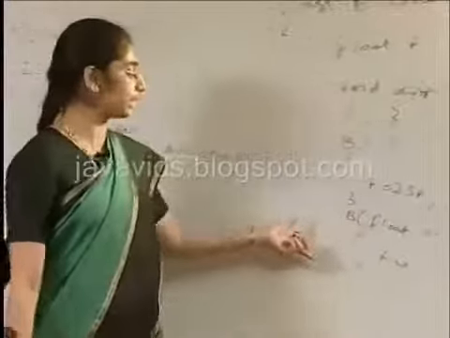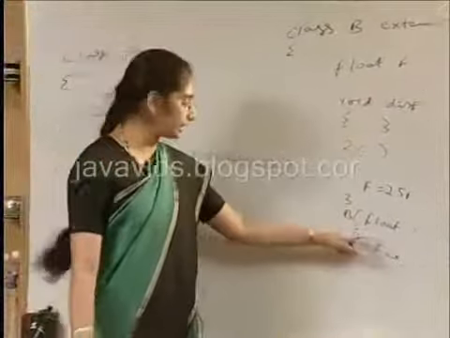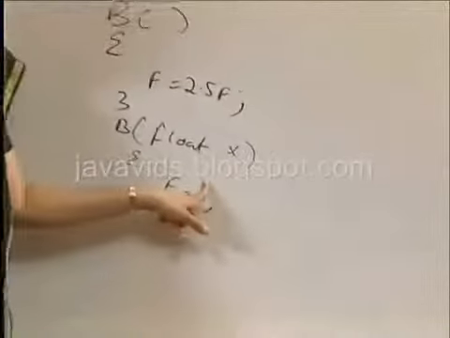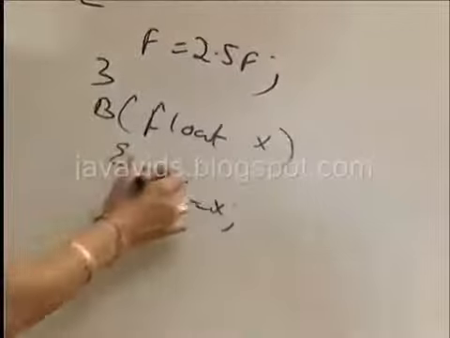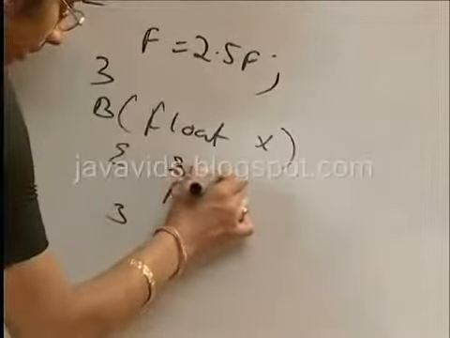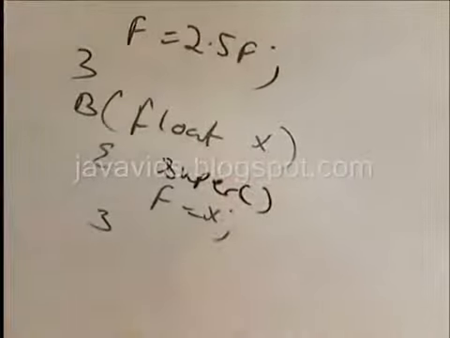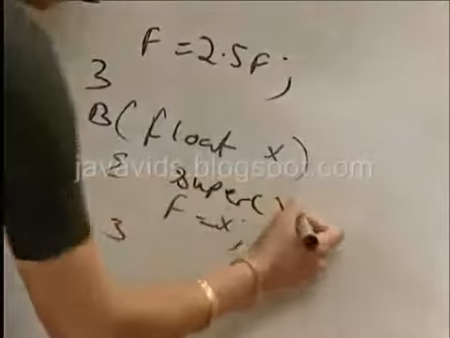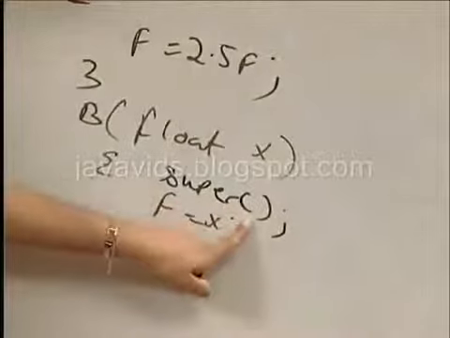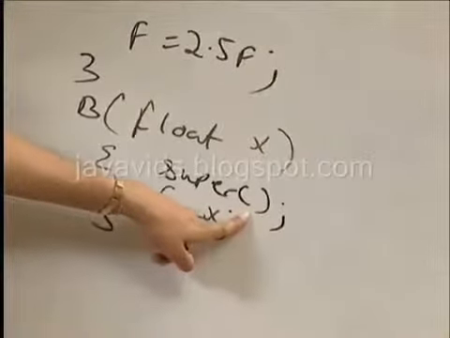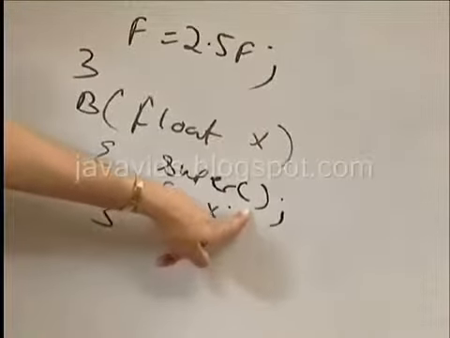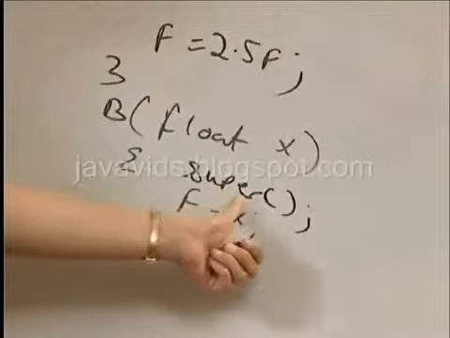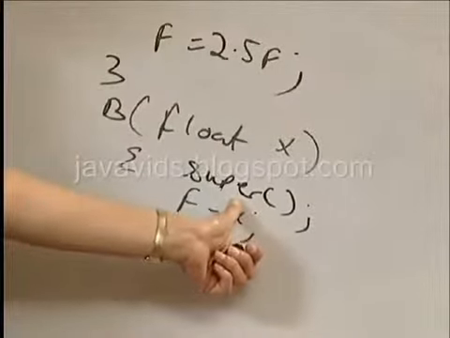Now in this case what happens is, the compiler will insert a call to the parent constructor at the beginning of this constructor, and to make a call to the parent constructor, super call is used. So the compiler inserts the super call at the beginning of the constructor. We need not write it. If we do not write it, the compiler inserts the super call likewise.